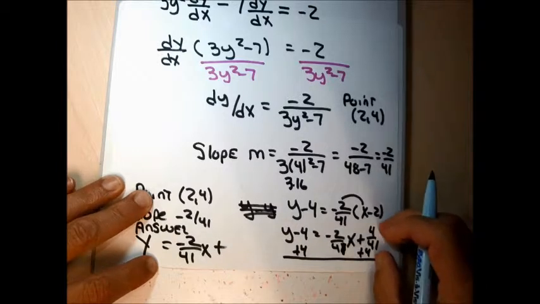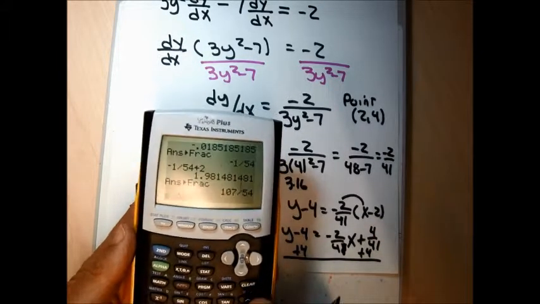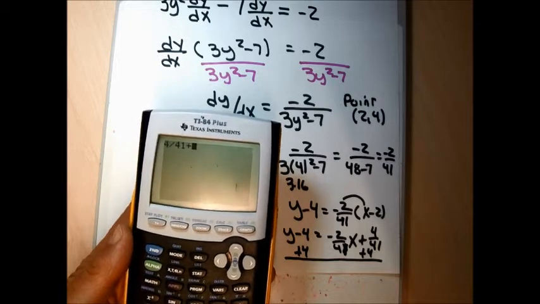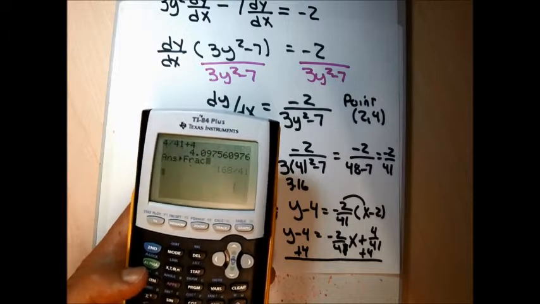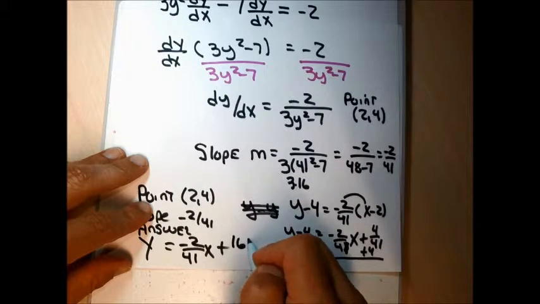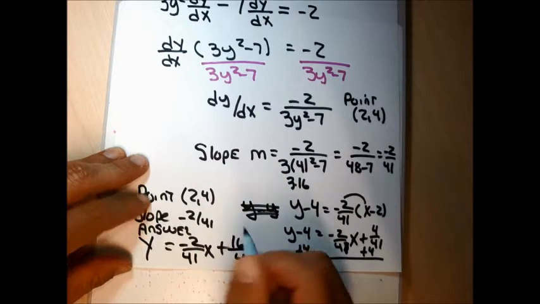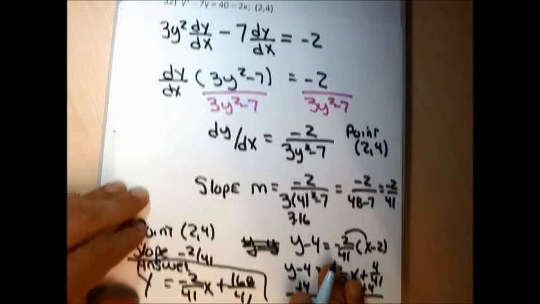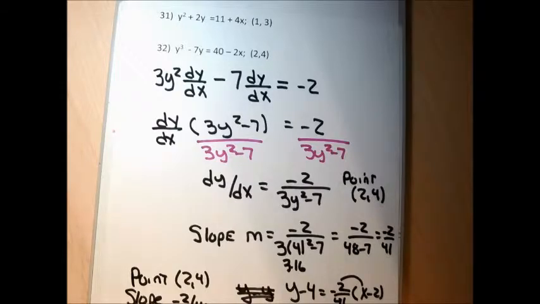And then I'm going to add 4 and 4 over 41. Plus 4, math, enter, enter on my calculator and get 168 over 41. So there's my answer to problem 32. A little bit nasty, but in calculus you just got to get some grunge. You just can't avoid it.